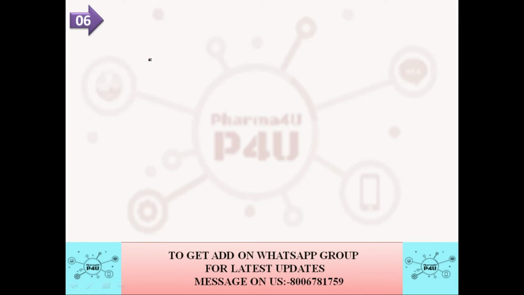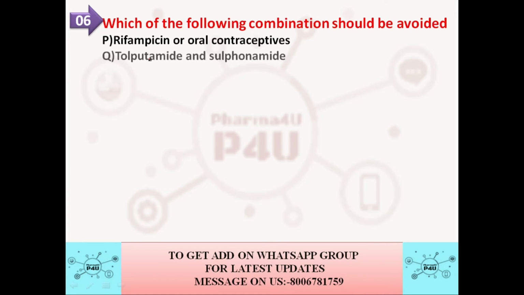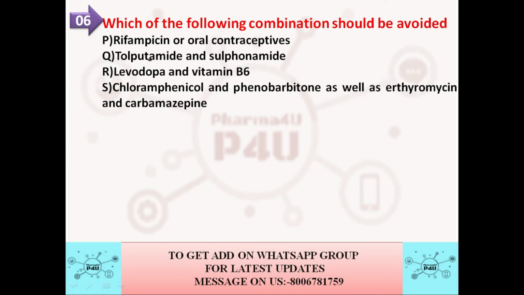Now the next question is, which of the following combinations should be avoided? Options are, option P is rifampicin and oral contraceptive, option Q is tolbutamide and sulfonamide, option R is levodopa and vitamin B6, option S is chloramphenicol and phenobarbital, as well as erythromycin and carbamazepine.